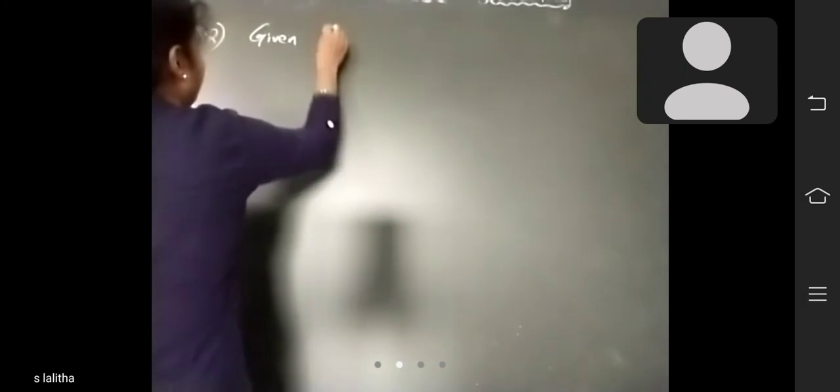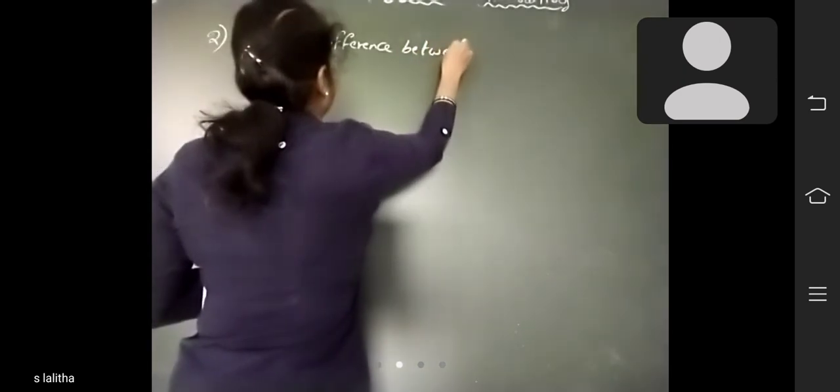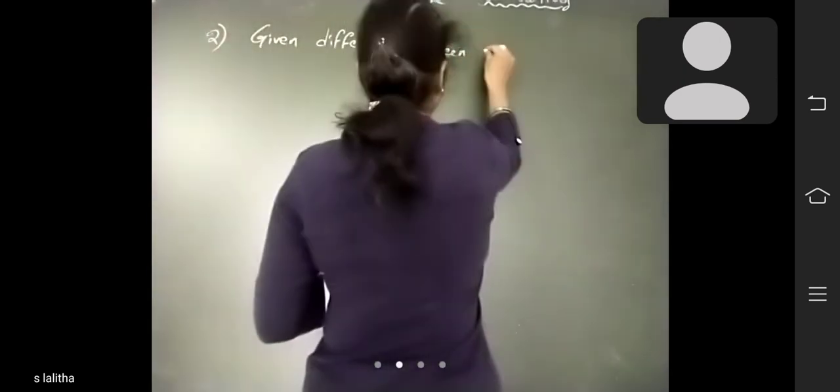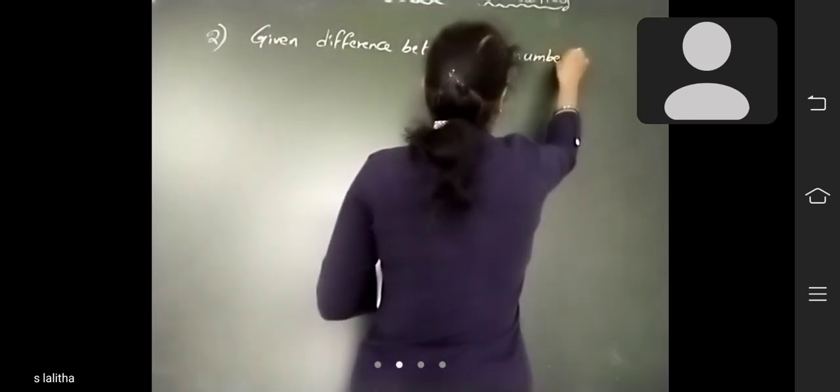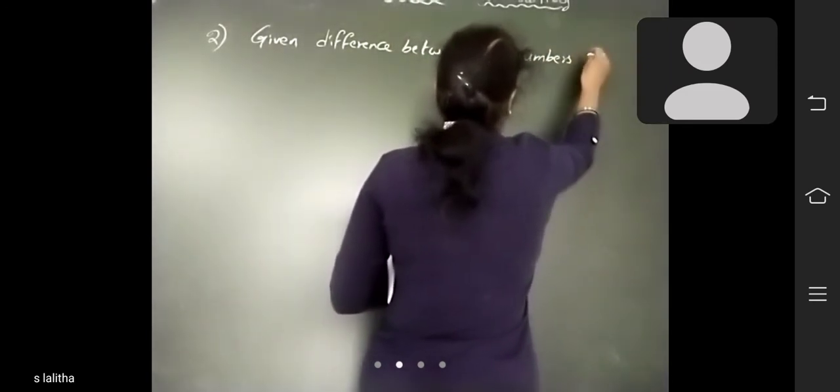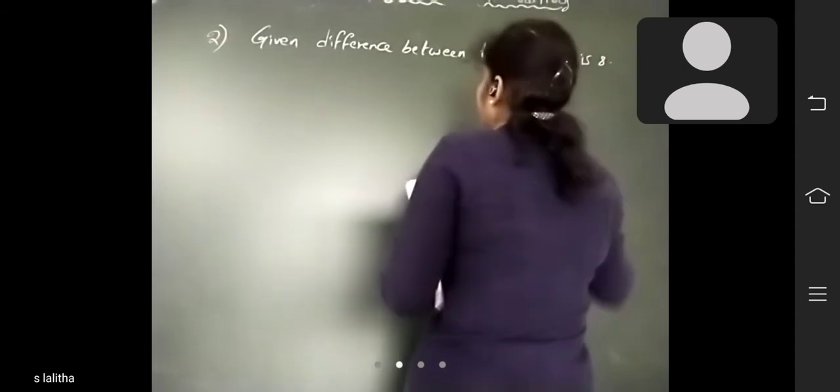First you have to write what is given. Given: difference between two numbers is 8. What is given?